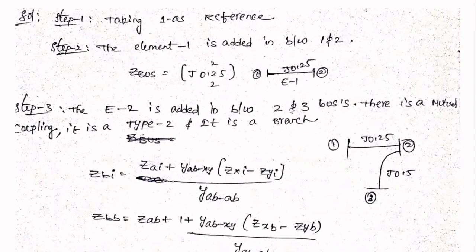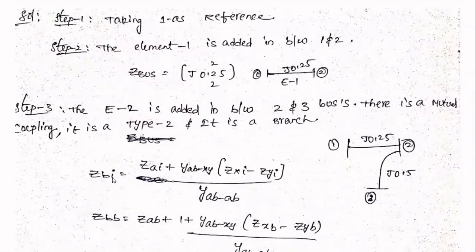But we have mutual impedance here. In the type 2 modification, it is a branch. Then if mutual impedance is there, what is the formula for that branch?